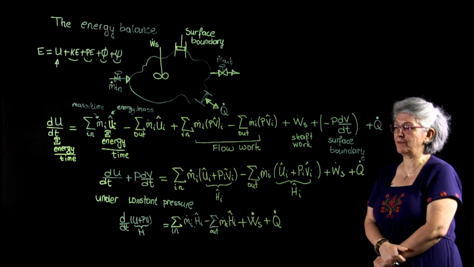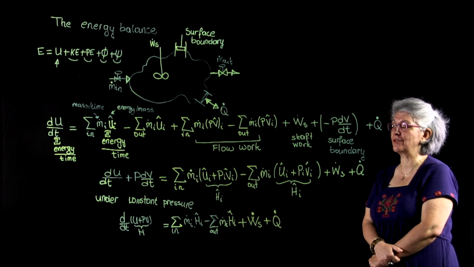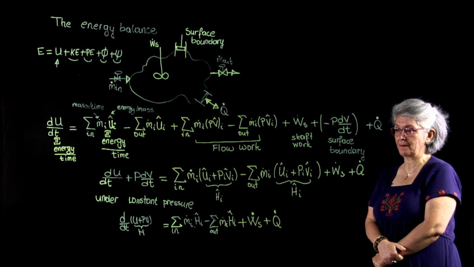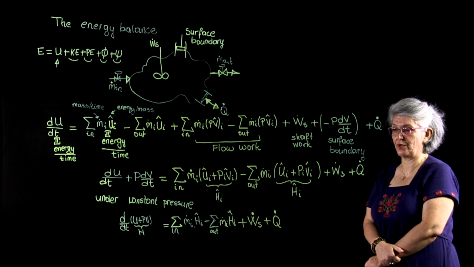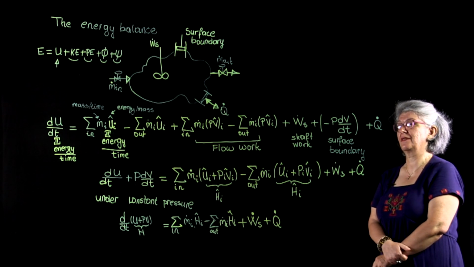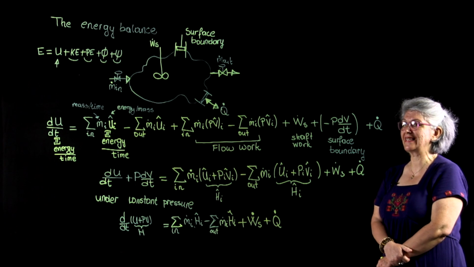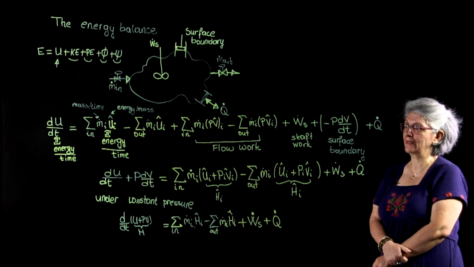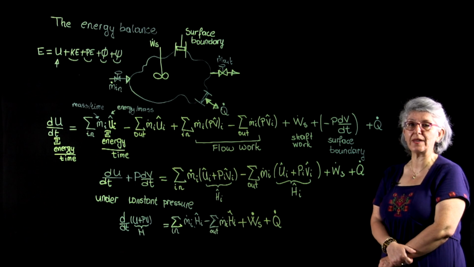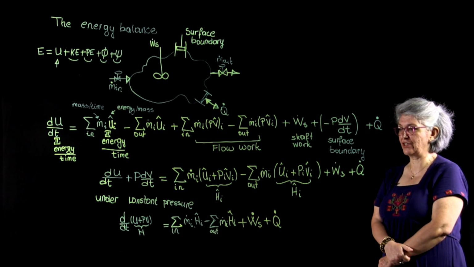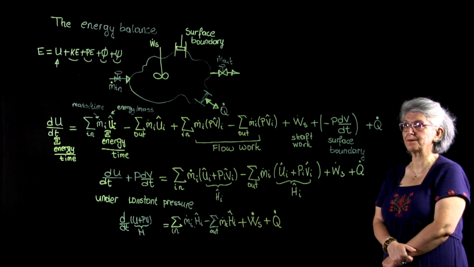So be careful about assigning your enthalpies. And shaft work is the work that our impellers do. Q is the heat that we provide to heat the contents of our reactor. And this is the general form of the energy balance.